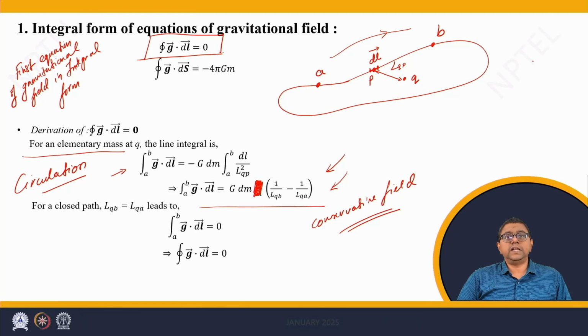One can also obtain this using regular integral calculus. Now, we have the expression of the circulation from point A to B.